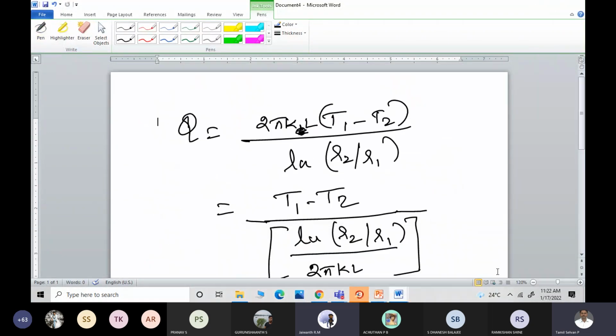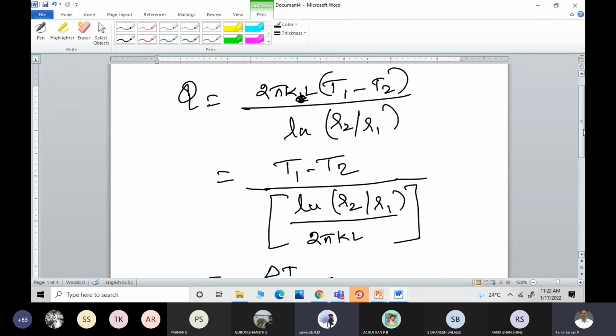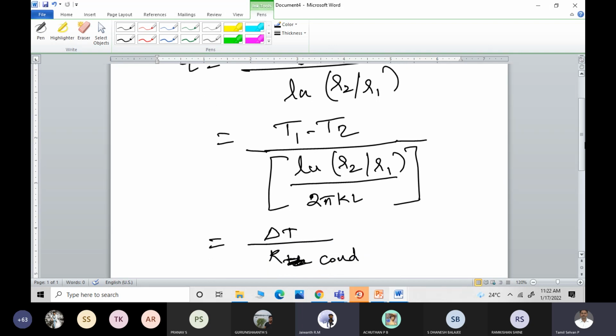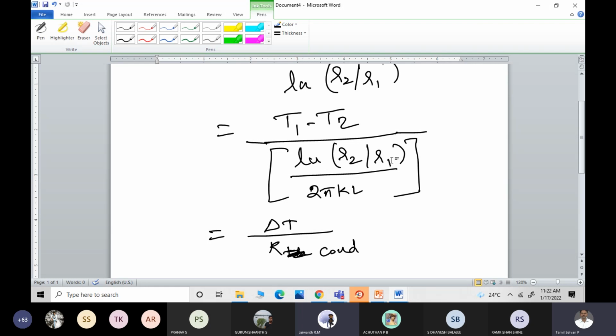Finally, when the 2 pi k goes to the other side, Q equals 2 pi kL into del T divided by natural log of r2 by r1. So it is equal to T1 minus T2 divided by natural log of r2 divided by r1 divided by 2 pi kL, which is nothing but del T divided by the thermal conductivity resistance.